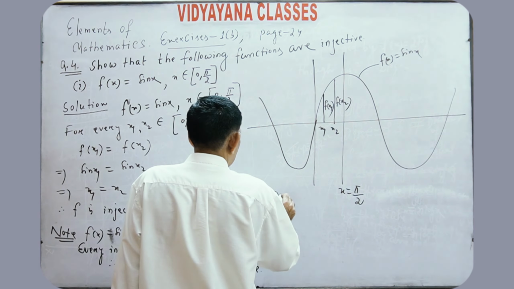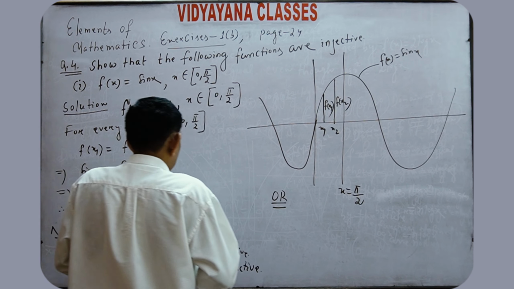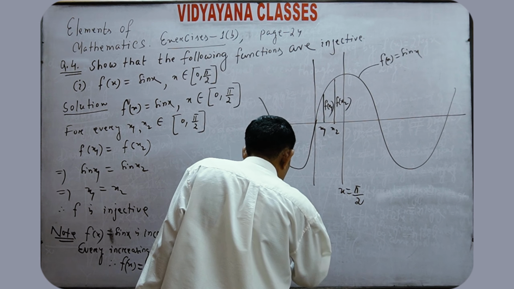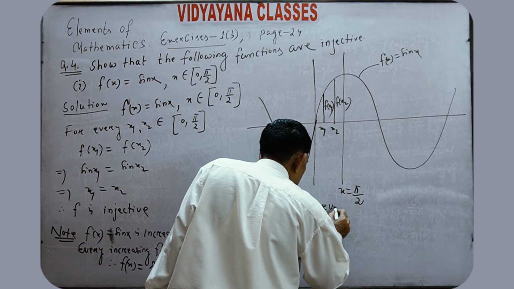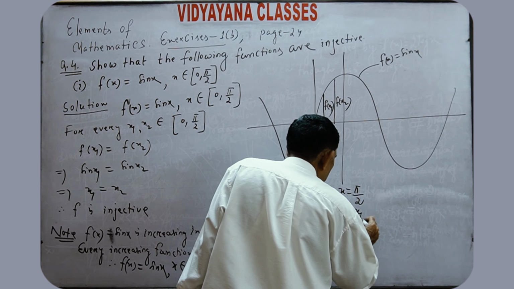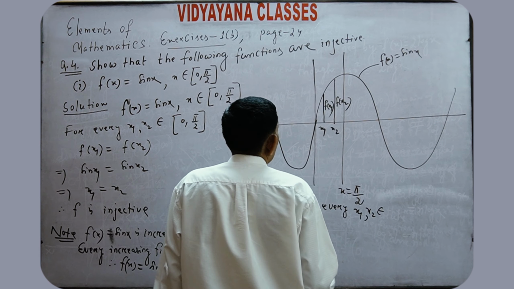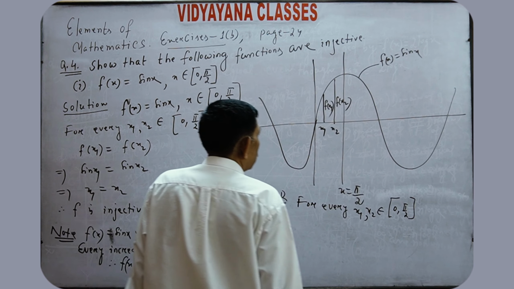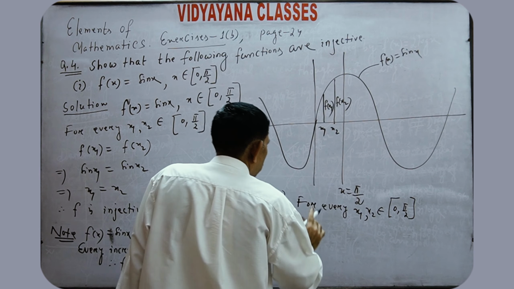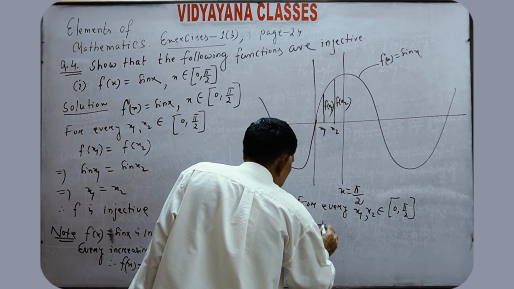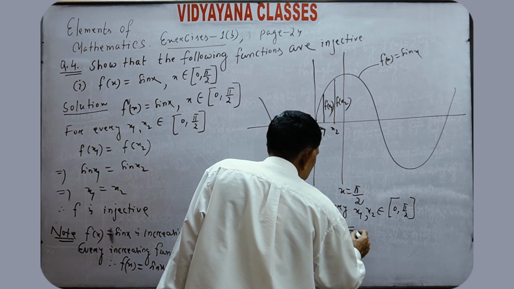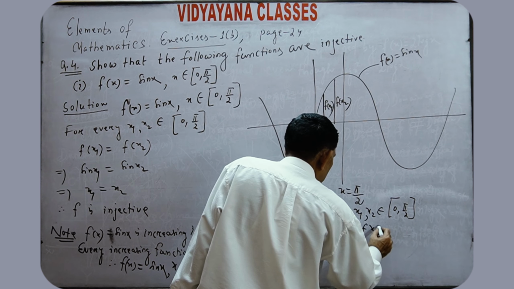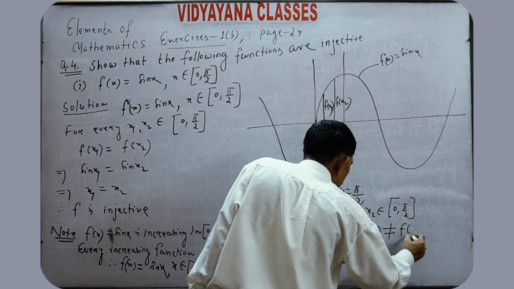Or, second definition: for every x1, x2 belongs to [0, π/2], x1 not equal to x2 implies f(x1) not equal to f(x2).